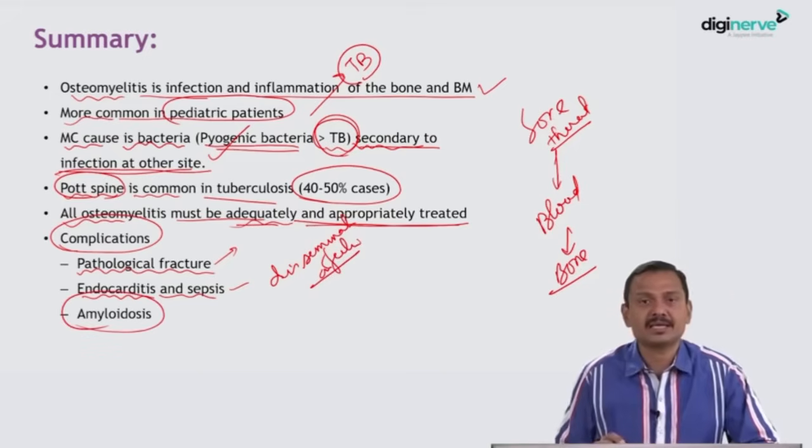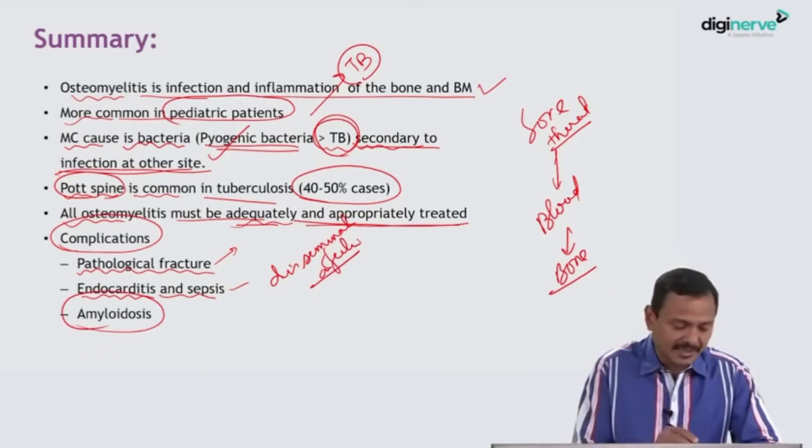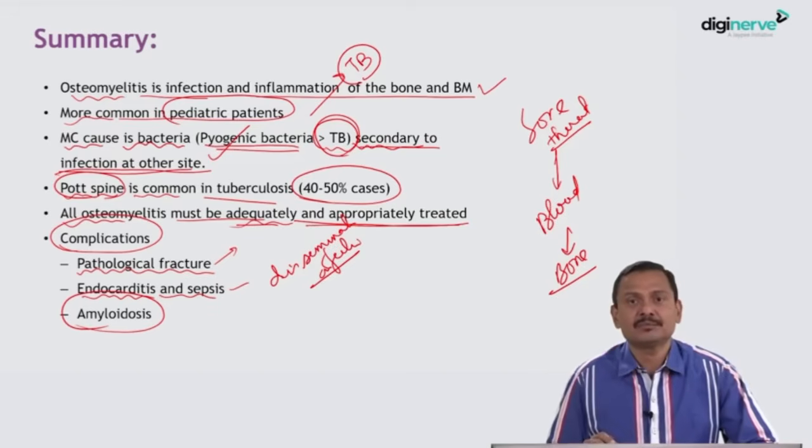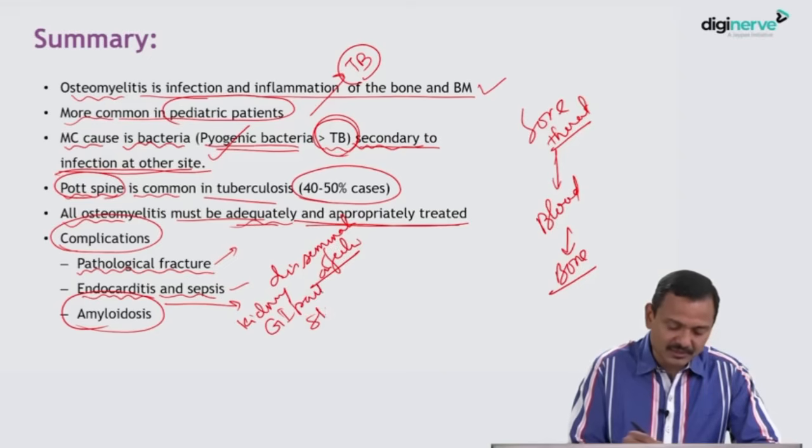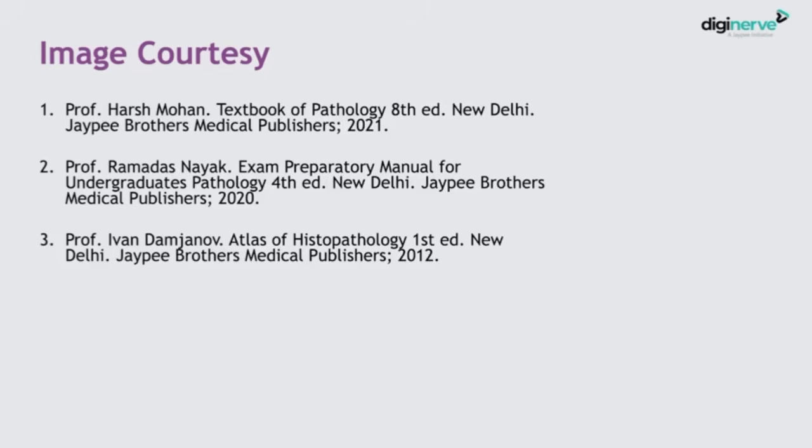Secondary amyloidosis is a late complication, and it can lead to many other complications in different organs where it is deposited, whether in the kidney, the GI tract, skin, or CNS. Accordingly, the complications will vary.